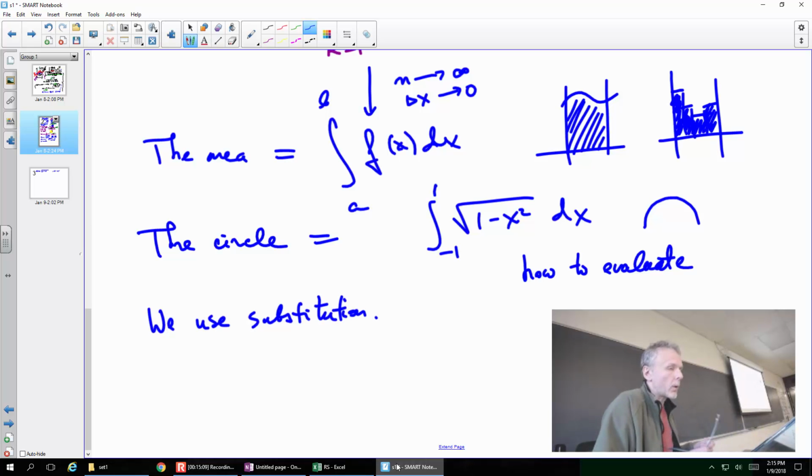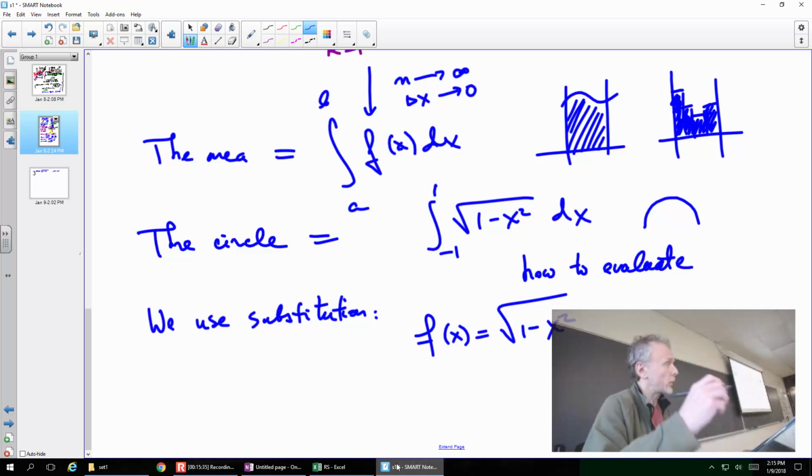So what is the idea behind substitution? What do we substitute, where, and why? That's right. So the point is that our function is kind of complicated, the square root of 1 minus x squared.